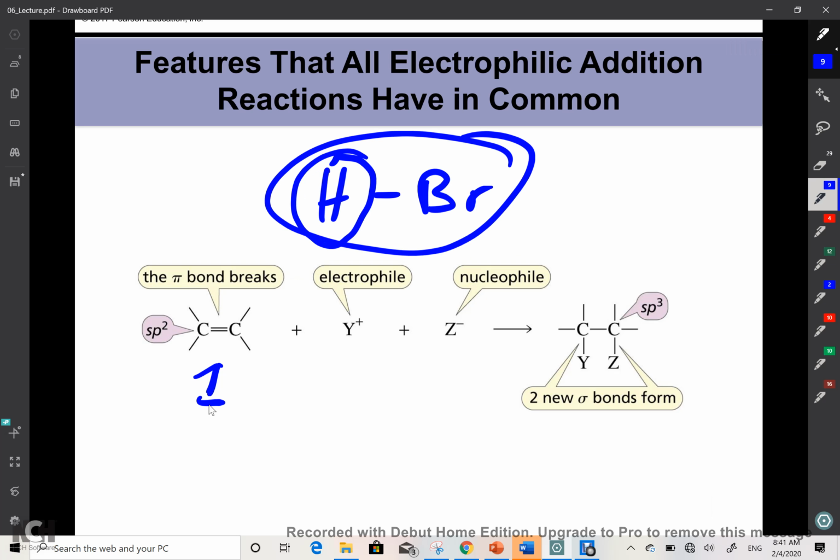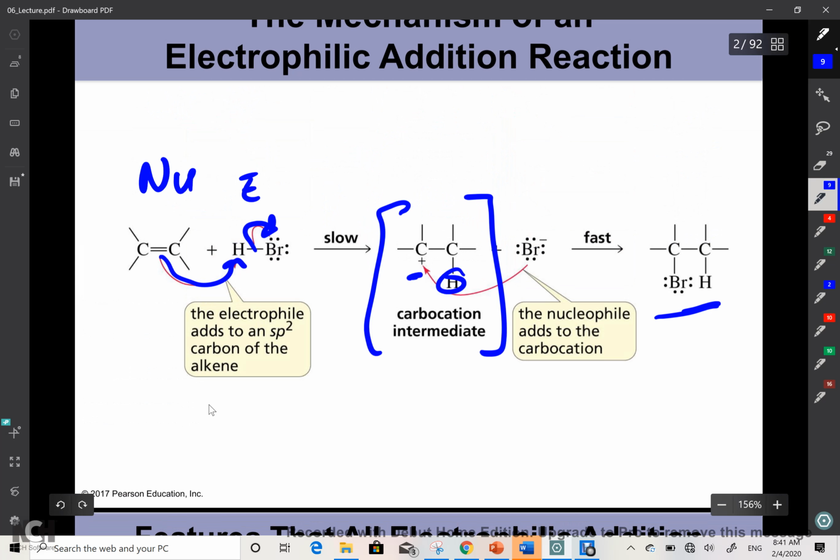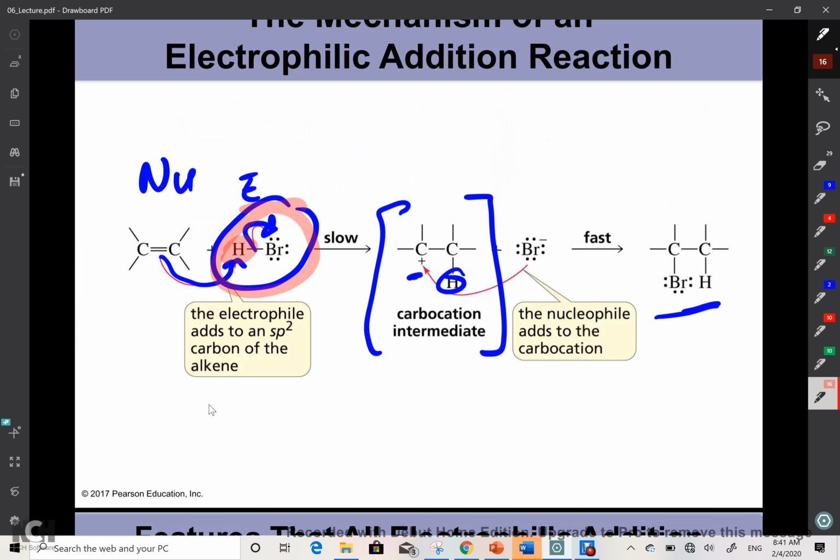It's not HBr. So if you go back to this example, my electrophile is the hydrogen. That's why the arrow stops at the hydrogen. The arrow does not stop on the HBr molecule. And how do I know that the hydrogen is the electrophile in HBr?